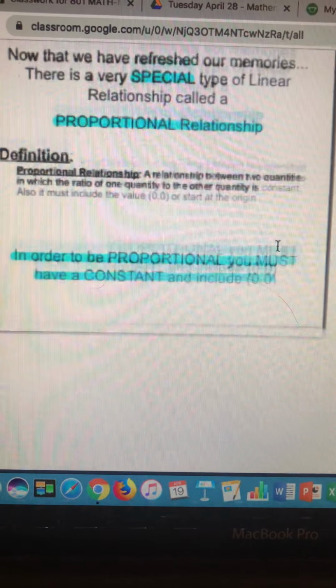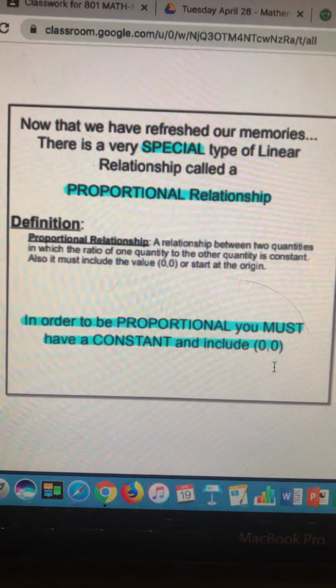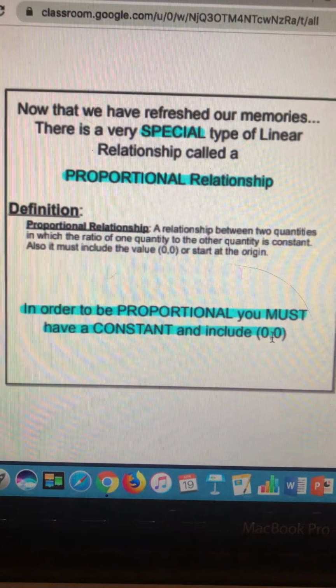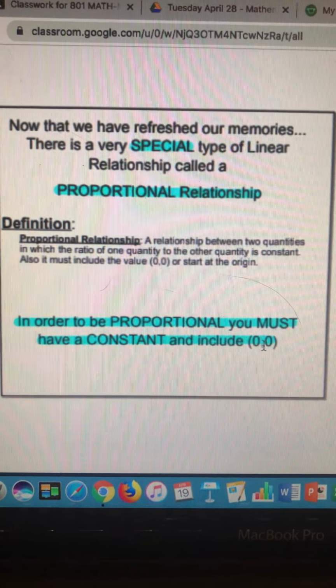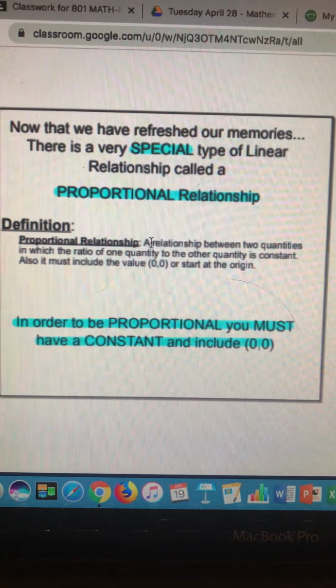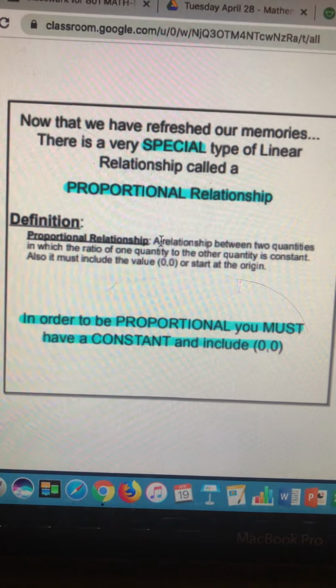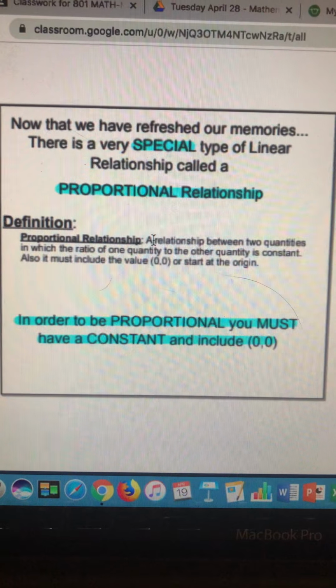If this relationship does not include 0, 0, if it does not go through the origin, then it is not proportional. It would only be linear. Okay? So in order to be proportional, you need to have a constant and include 0, 0. That is your big takeaway for today.